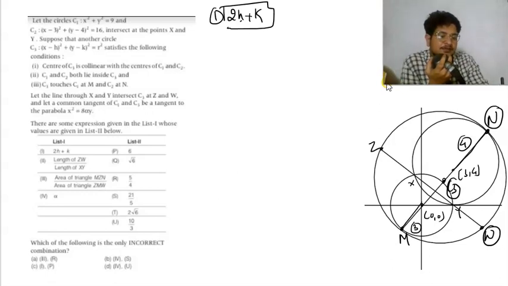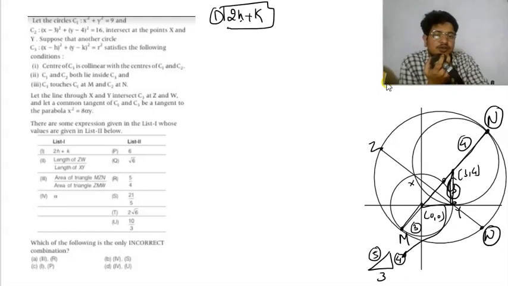If I take this triangle outside, this distance will be 3 and this distance will be 4, so this distance will be 5. So 5 plus 3 is equal to 8 and 8 plus 4 is equal to 12, so 2r is equal to 12, which means that r is equal to 6. The radius of c3 will be 6.